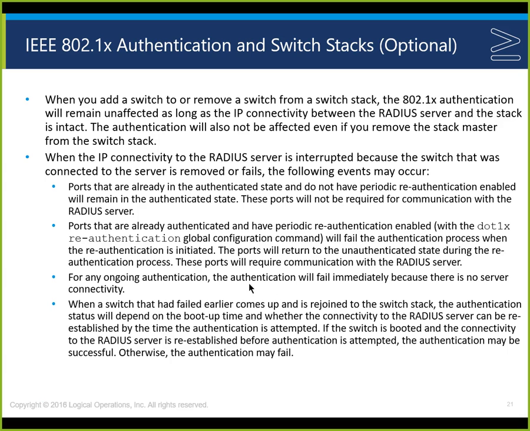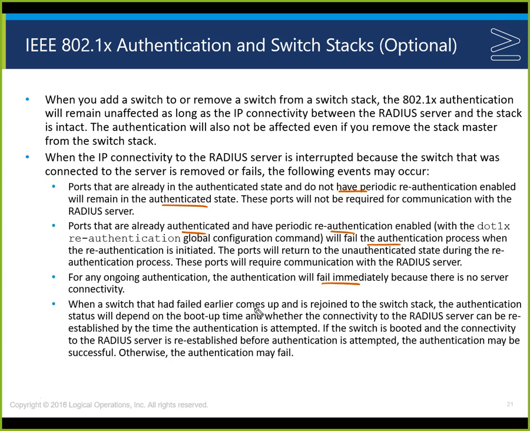An ongoing authentication is going to fail because it did not complete the authentication. So all of this is saying that if we remove the switch from the switch stack, ports that are authenticated and don't have periodic re-authentication will stay authenticated. Ports that are authenticated and have periodic re-authentication will fail the re-authentication. They'll stay authenticated until the re-authentication happens. If we're just getting logged in, it's going to fail.